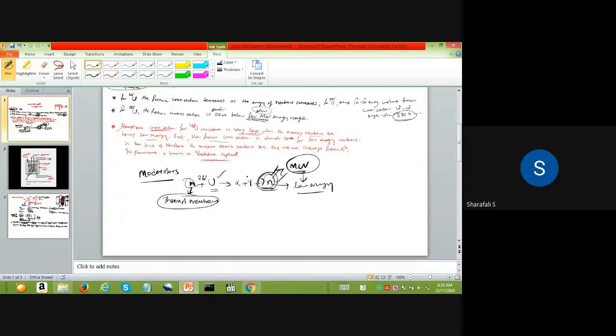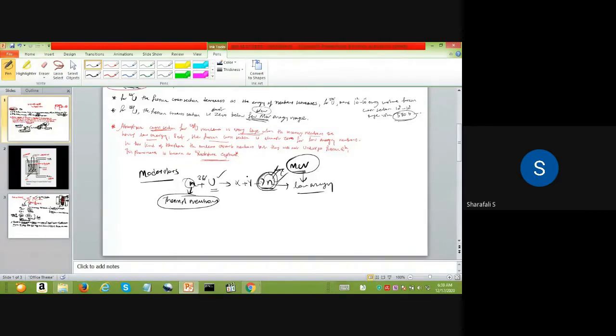So the neutrons coming out after the nuclear fission process, which have mega electron volts of energy, we cannot use for fission with uranium-235. We have to reduce their energy from MeV to a few electron volts, into the thermal energy range.